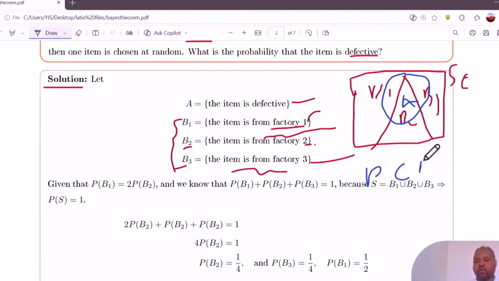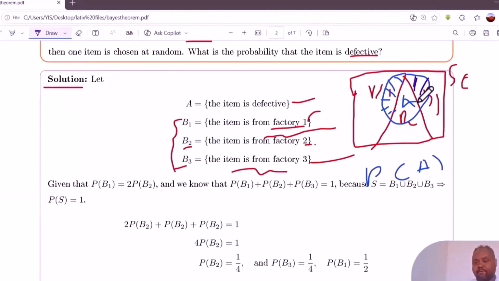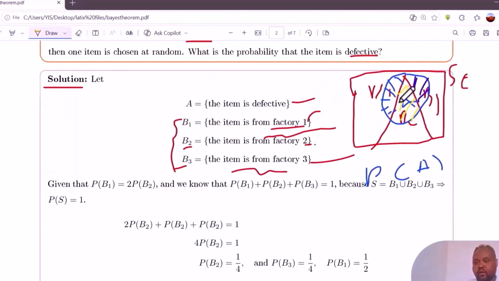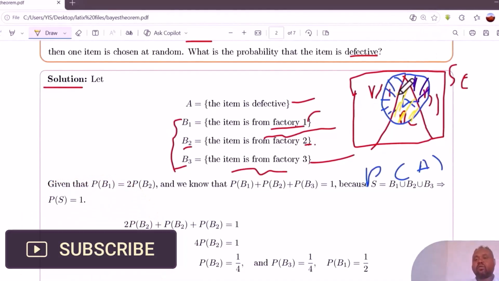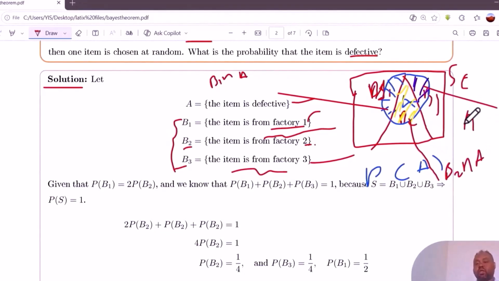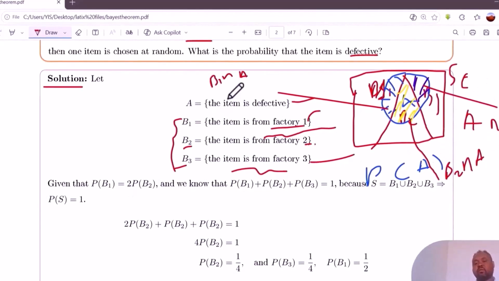It is nothing but the probability of A. But A can be from machine 1 in this matched area, or from machine 3 in this area, or from machine 2 in this area. What's of interest here is getting this circular area of the different factories. These areas are B1 intersection A, B2 intersection A, and A intersection B3. So finding the probability of A is finding the sum of these 3 events.